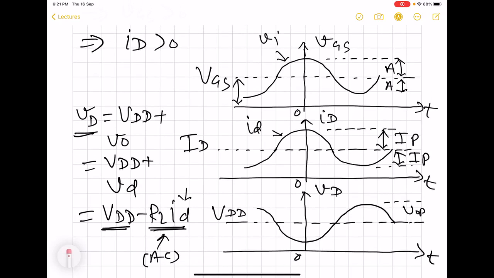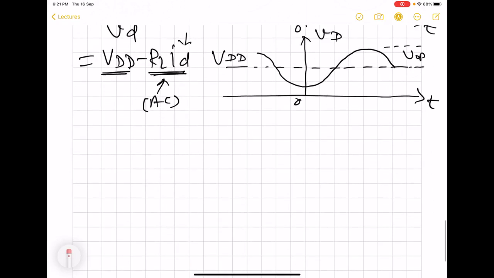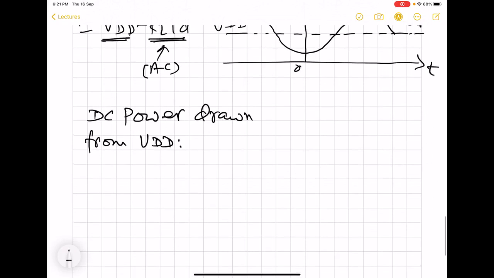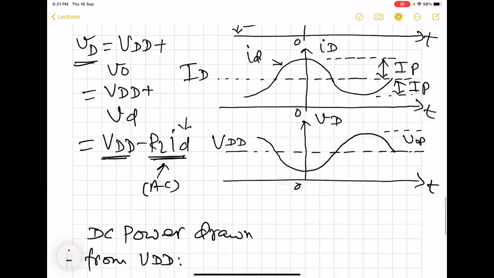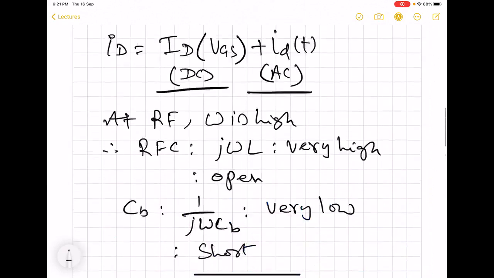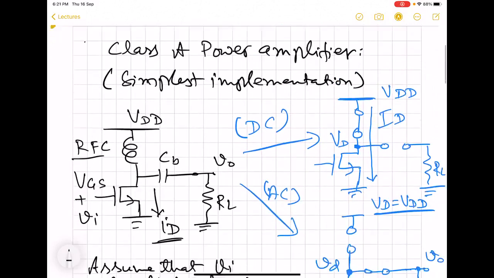Now we will use this to find out PL and PDC. So here, PDC is going to be equal to the DC power that is being drawn from the circuit.